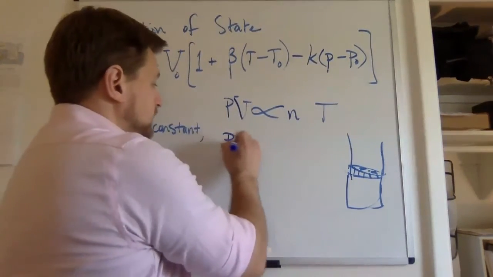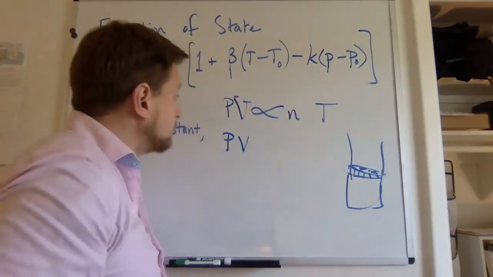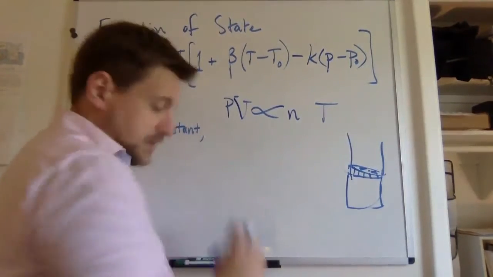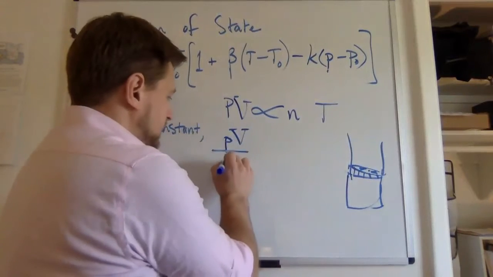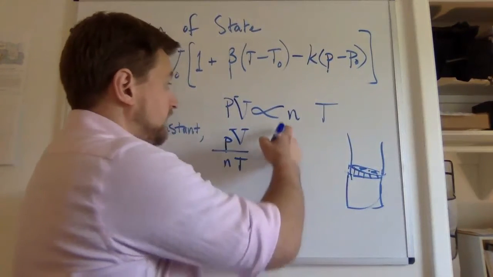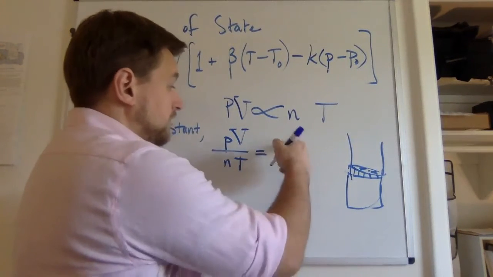That if we get this P down, PV over NT is equal to some constant.